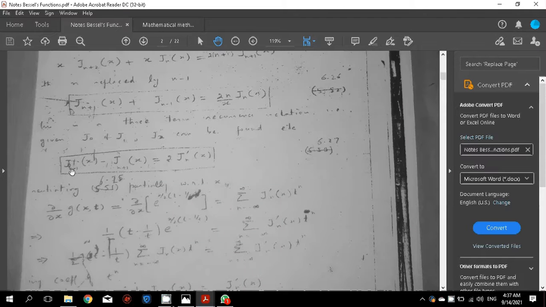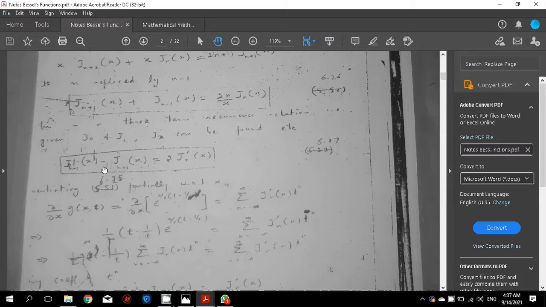This is the first recurrence relation we have discussed, and there is a second recurrence relation which is shown here: J_{n+1}(x) minus J_{n-1}(x) is equal to 2J'_n(x). This recurrence relation involves the derivative.